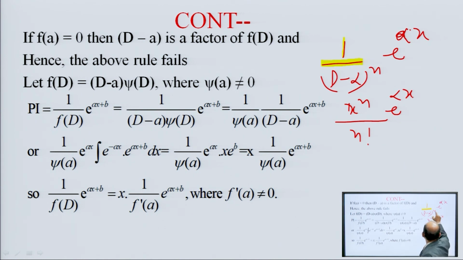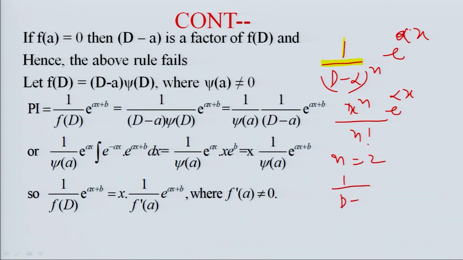If n is equal to 2, we have 1 by (D minus alpha) raised power 2 e^(alpha x), which gives x square by factorial 2, that is 2, e^(alpha x).